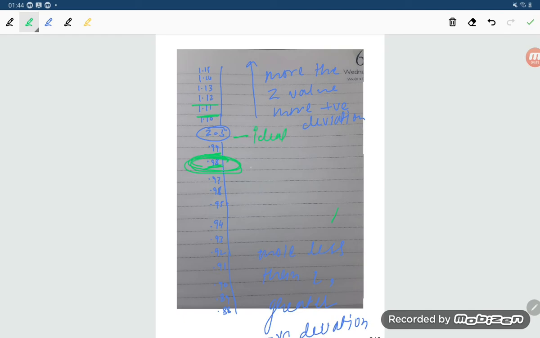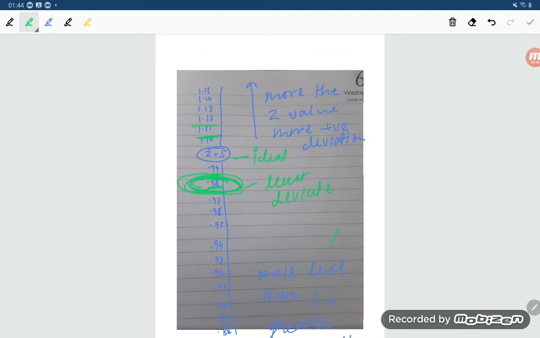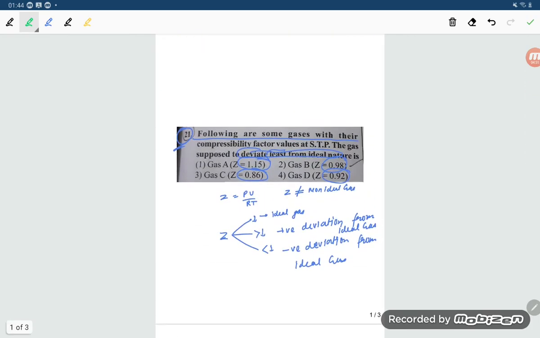So we have to check which value is nearest to 1. Values like 0.98 and 1.11 are near to 1, so they deviate least. You can check that 0.98 is the one that deviates least.